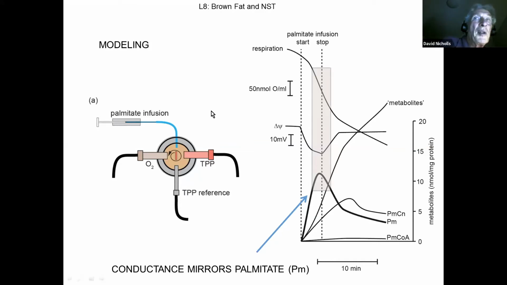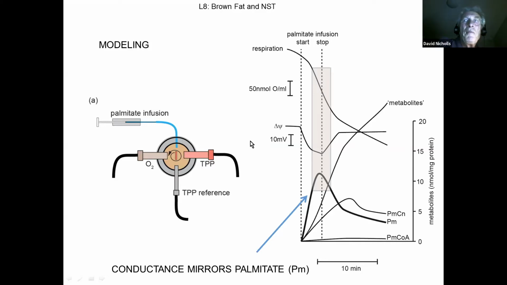And this is really the experiment which explains the acute regulation of the uncoupling protein. We are measuring simultaneously current with an oxygen electrode and voltage with a tetraphenyl phosphonium electrode. So we're measuring current and voltage. And then we are mimicking the lipolysis by very slowly infusing fatty acid into the stirred mitochondrial incubation.